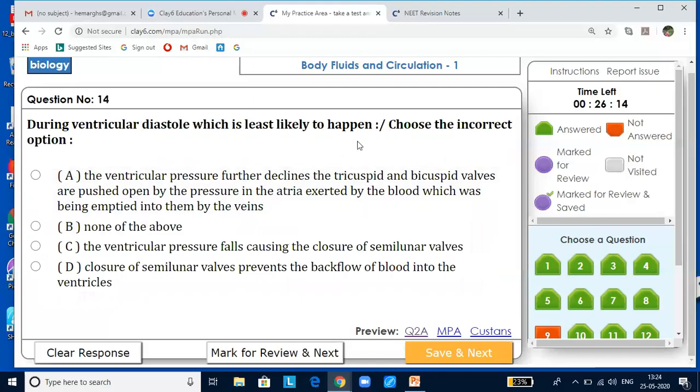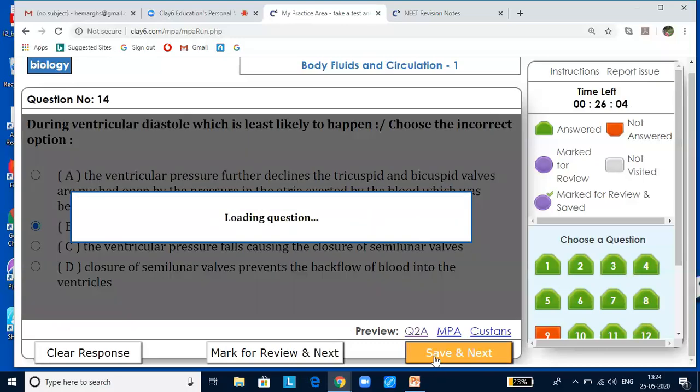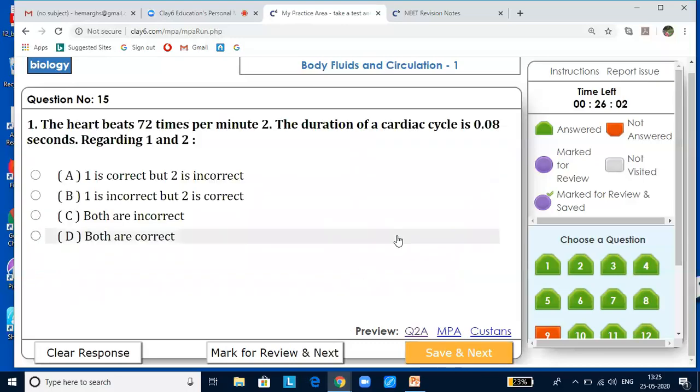During ventricular diastole, which is likely to happen? None of the above. Heartbeat 72 beats per minute, yes. Duration of cardiac cycle is 0.08 seconds. No, it's 0.8. So 1 is correct, but 2 is incorrect.